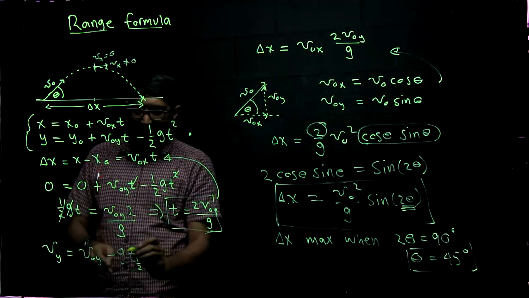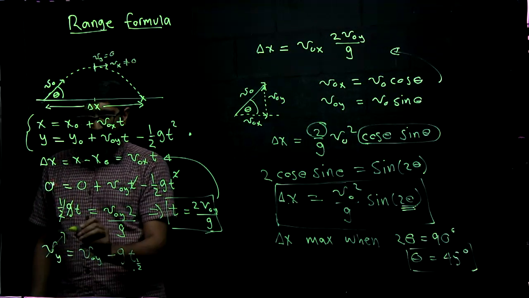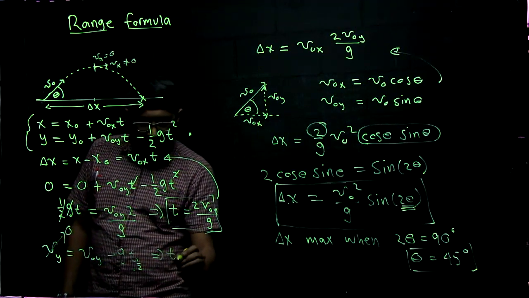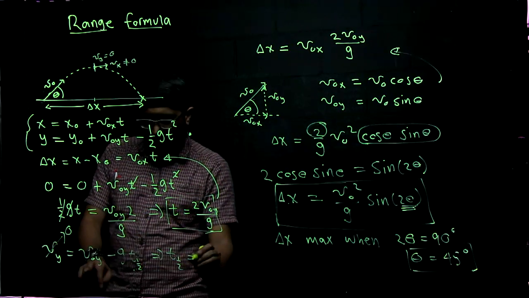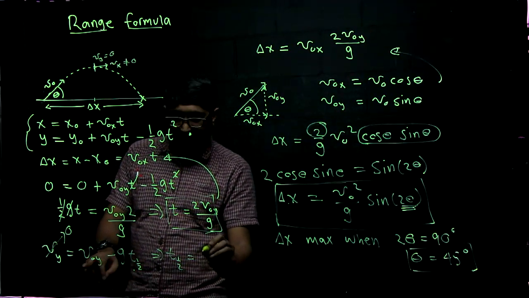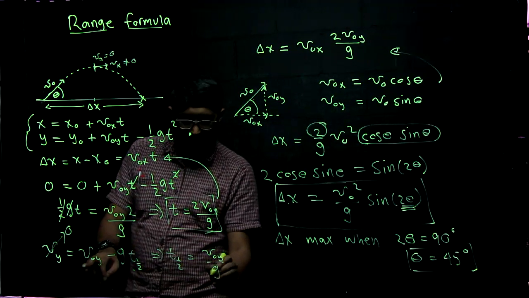So t1/2 I could solve here, because vy at the top is 0. So I could say t1/2 is equal to, well, it's going to be v0y divided by g.